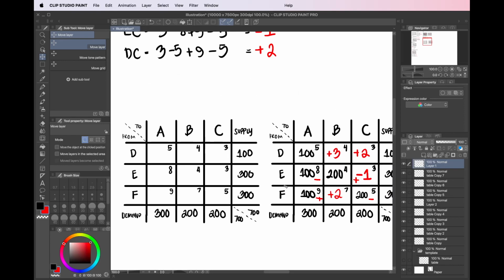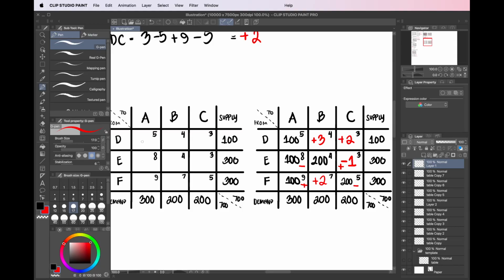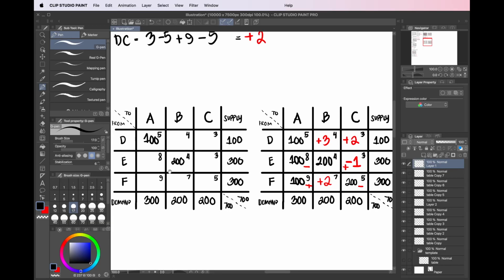Alright. So we have that there for our reference. So let's quickly fill in the values again. Well, that was 100, right? And 200, right? What else? Yeah, let's just put all the values first.